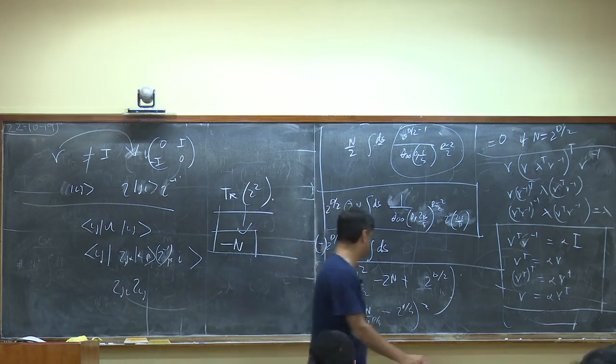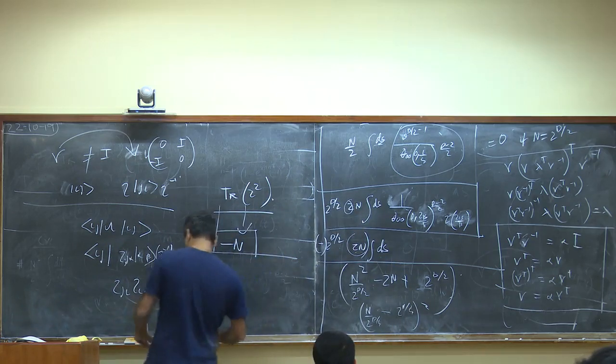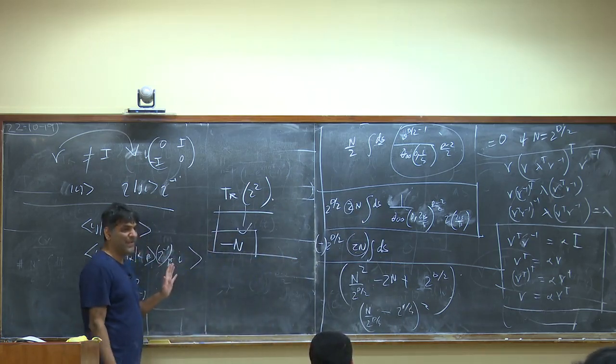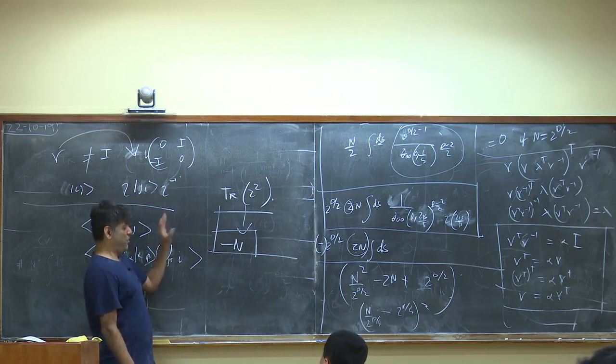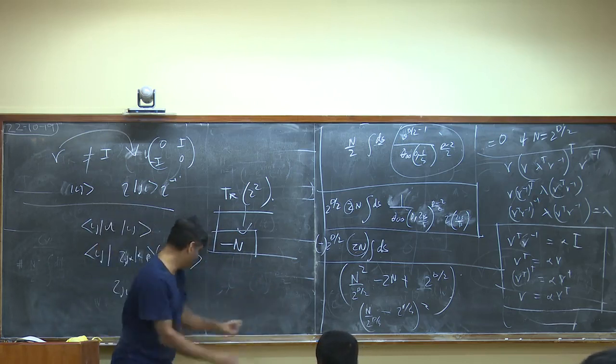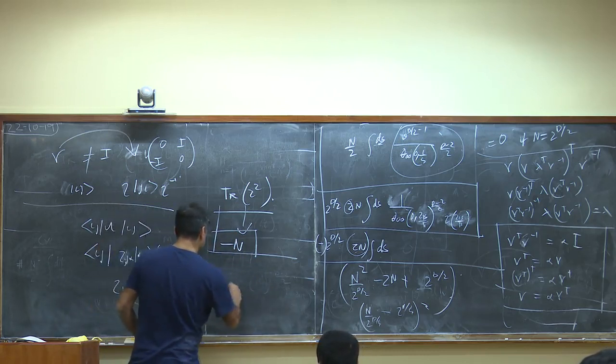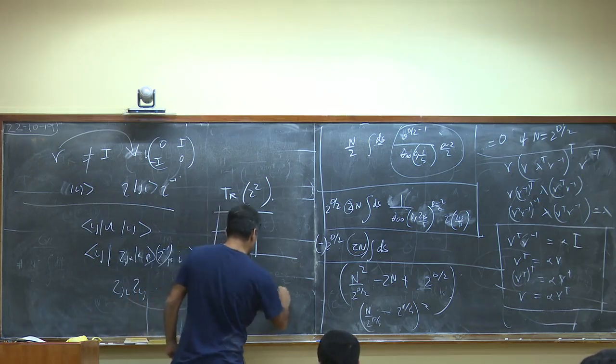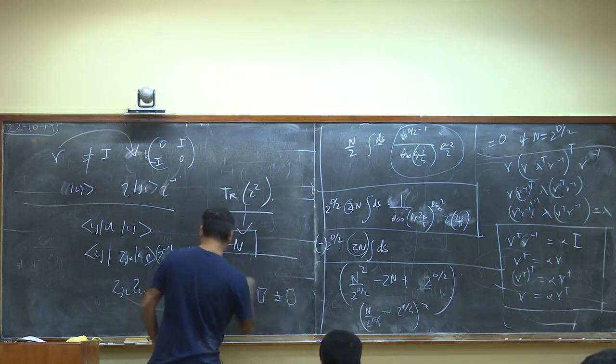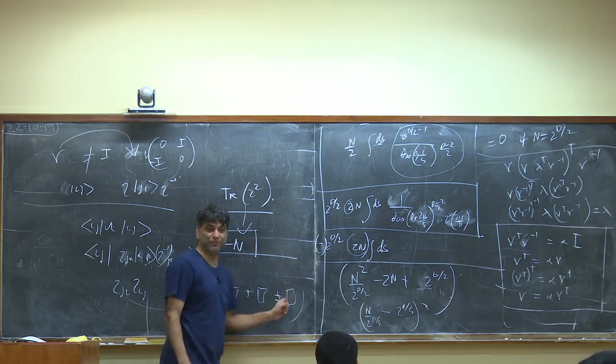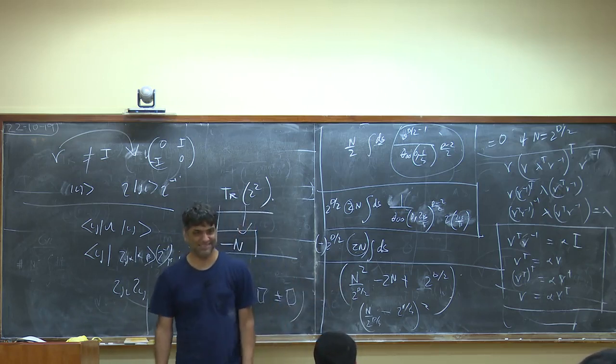And remember that in type 2A theory, do you remember the partition function? There was this, plus this, plus this, plus minus this. We put one sign for the left movers and the other sign for the right movers.